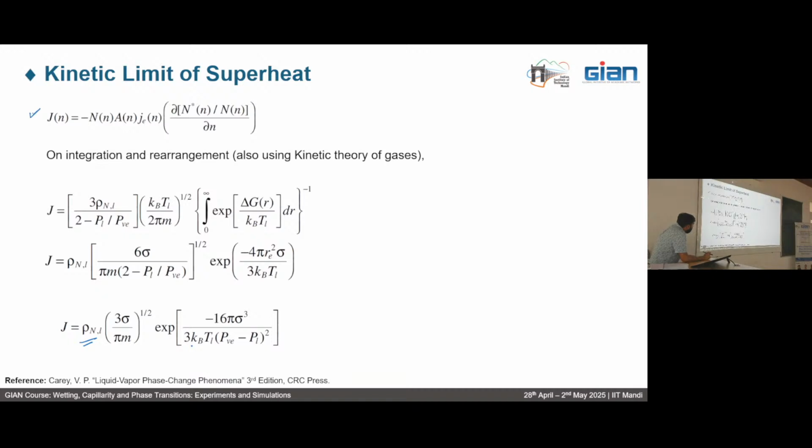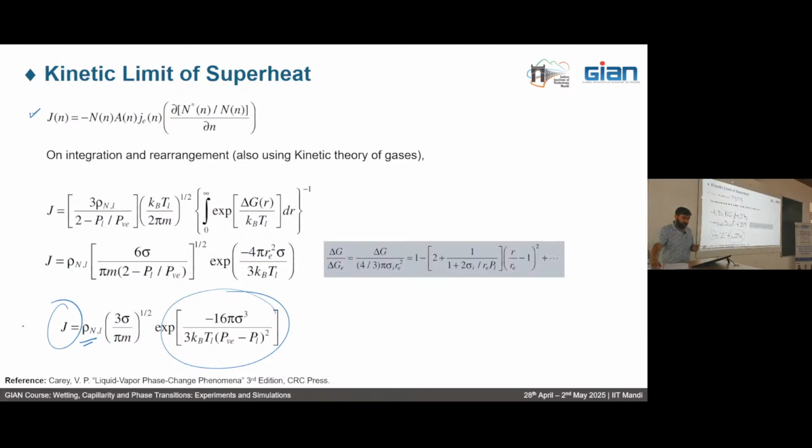Now, if you look at this J, the term inside the exponential is a strong function of temperature. TL is here and pressure is also a function of temperature. So if any changes take place here, we can see a very sharp increase or sharp decrease in J, and that is what we see.